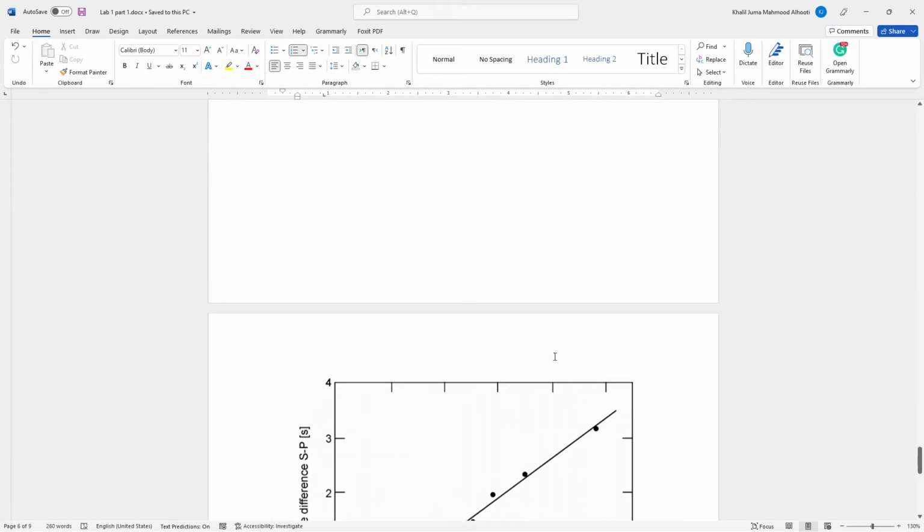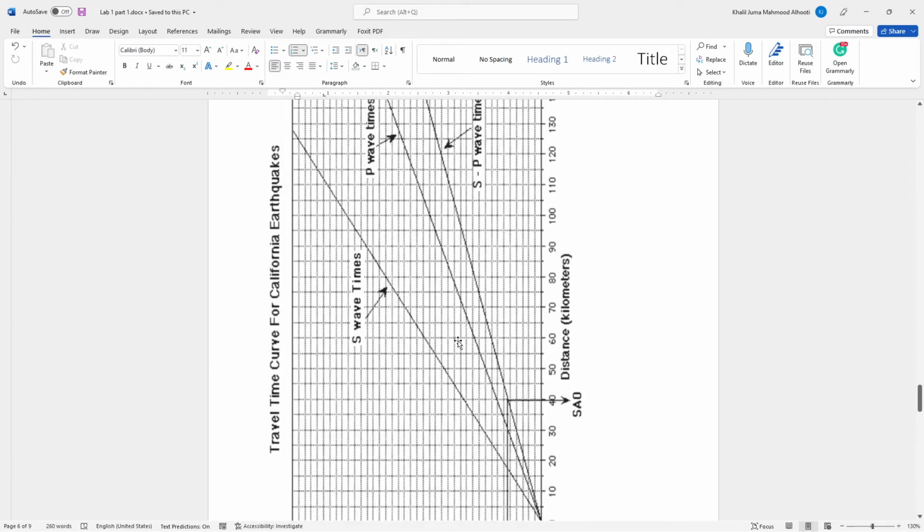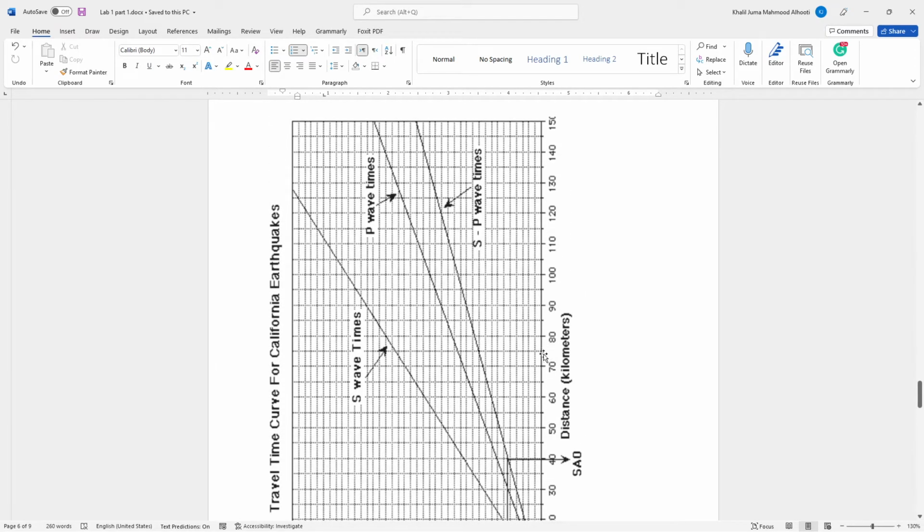You need to come back to this graph and get how much is the value. Let's assume the value was 100. That's just an assumption. Draw a vertical line till it connects the P wave times. So let's assume it's 100 kilometers. That's just an assumption, it might not be true. Till it touches the P wave time.